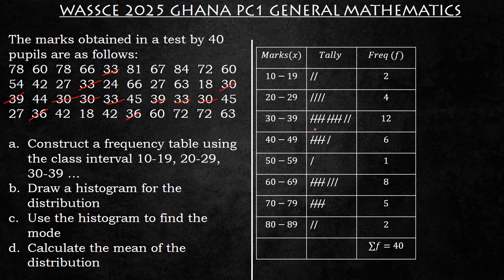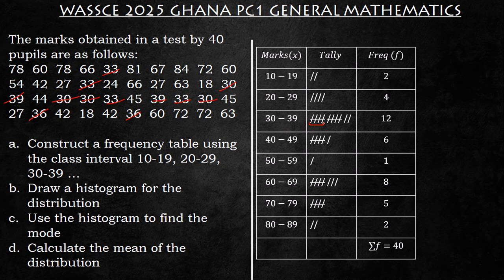Whenever you are doing the tally, you do 1, 2, 3, 4 bars. When you get to the 5th bar, you strike it through the 4 bars, making it 5.